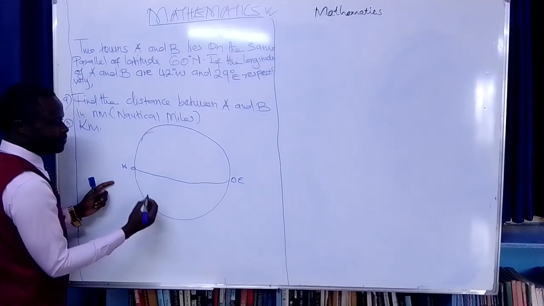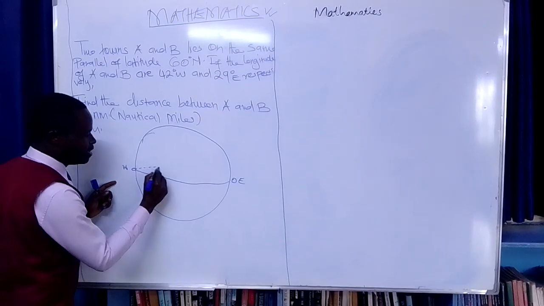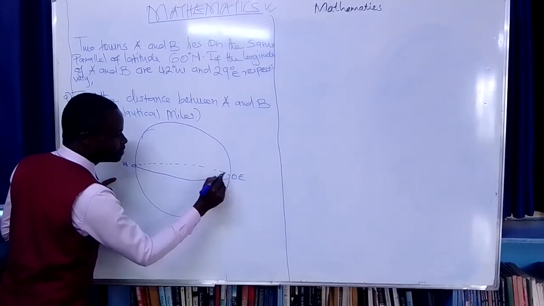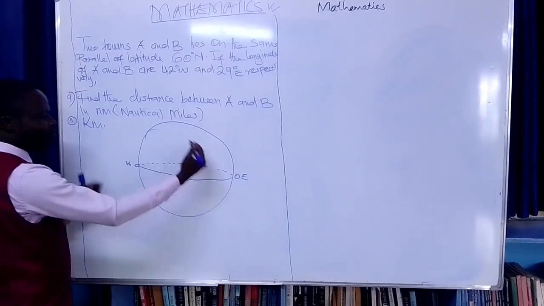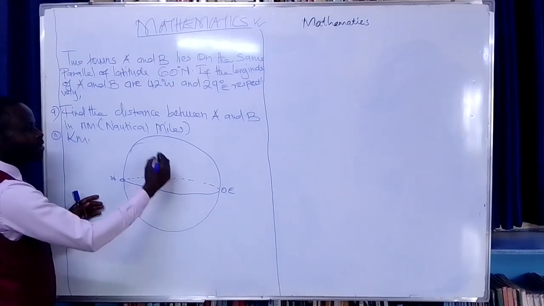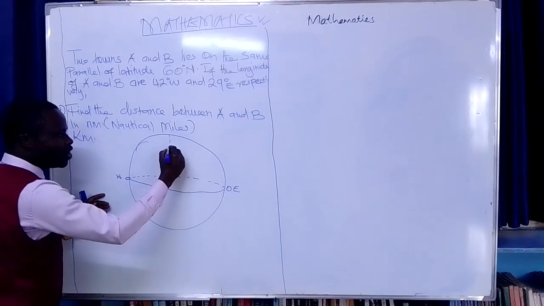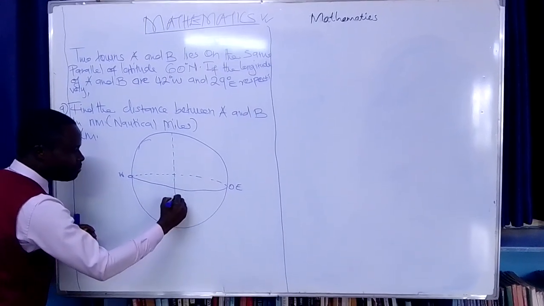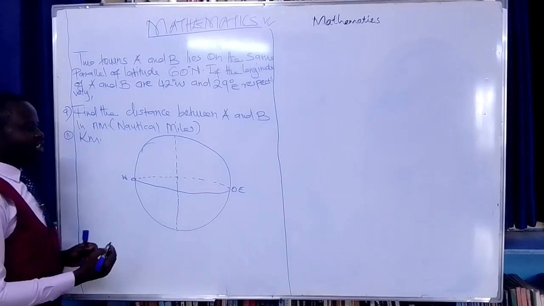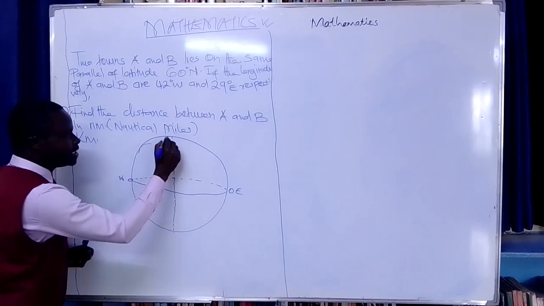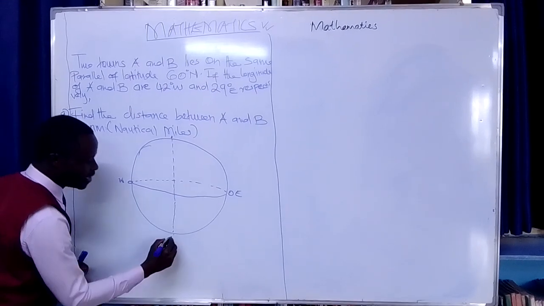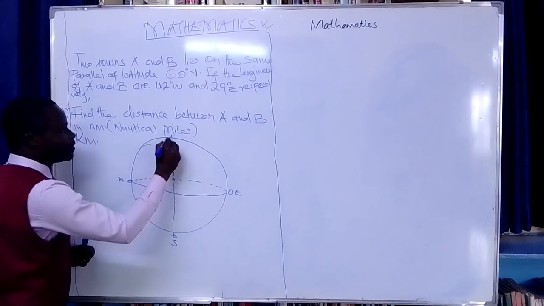This is the equator, and it normally turns like that. Then, apart from the equator, we also have the main longitude, which is the prime meridian or Greenwich meridian. Also 0 degrees to the north and also 0 degrees to the south. This is north.